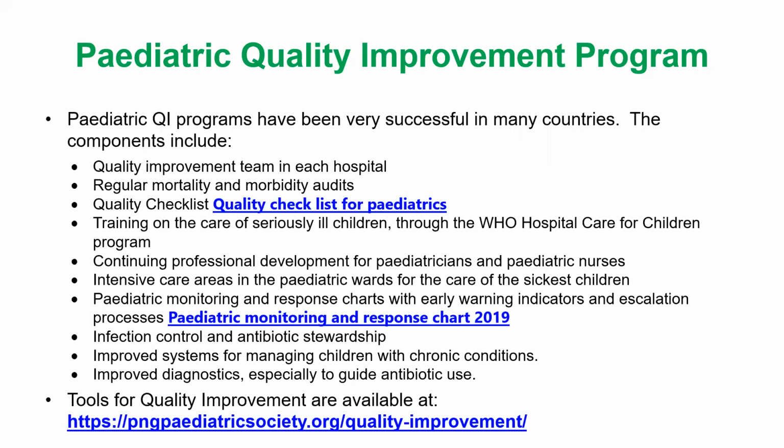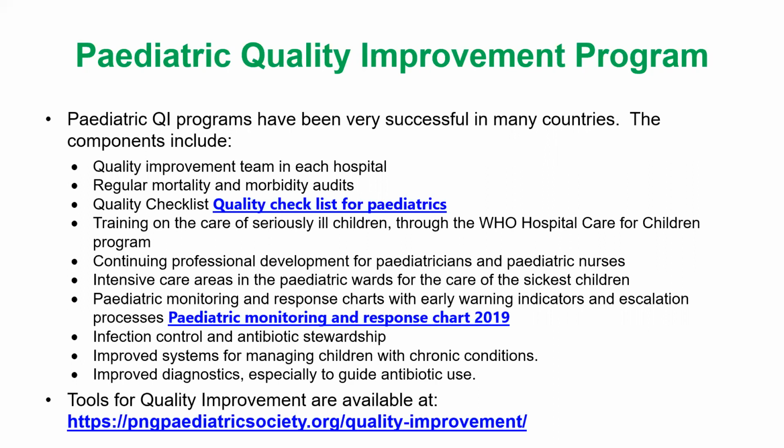But I think if we want to go the next step, if we want to have hospital mortality rates less than 5%, which we should be aiming at, then we really need to be thinking about all hospitals adopting a pediatric quality improvement program. And this is something that pediatricians and child health nurses, we can all be involved in as a team. And many countries have done this and it's been very successful.